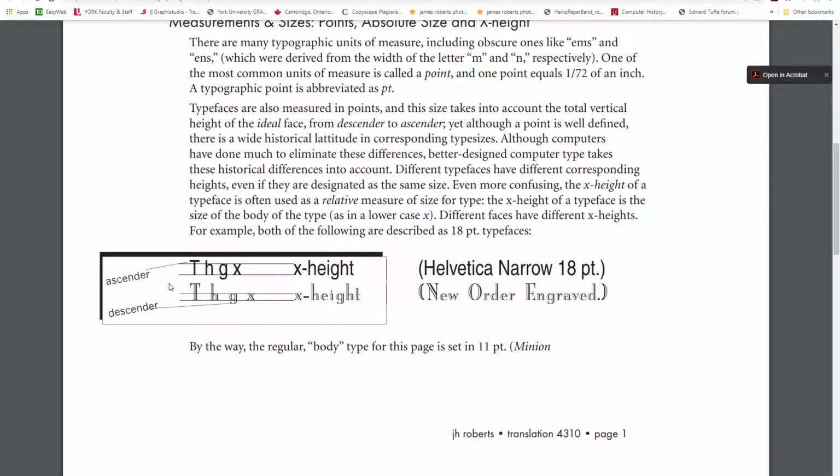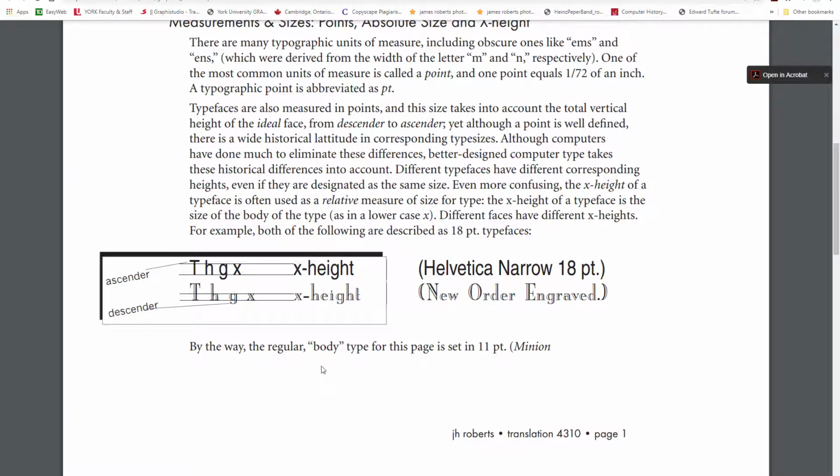If you look at this little illustration down at the bottom here, the ideal height of the text is from above the T there to below the G hanging. That's the descender, right? So above the ascender and below the descender.